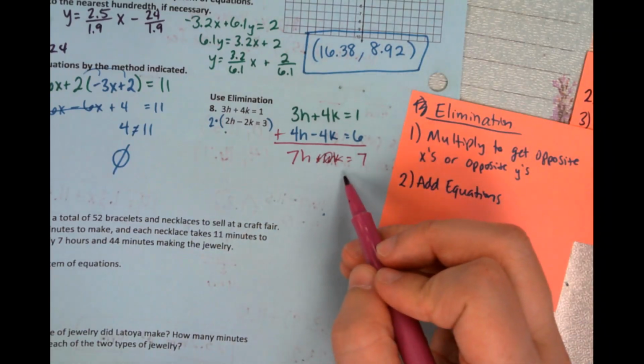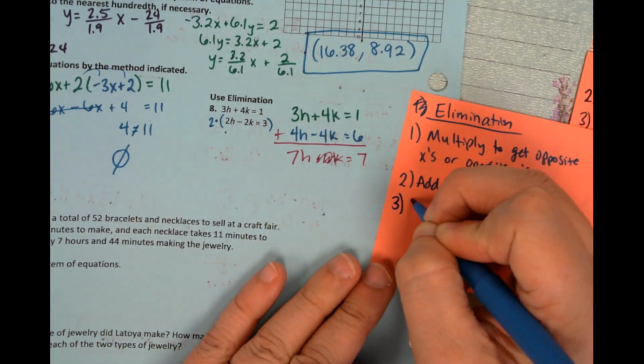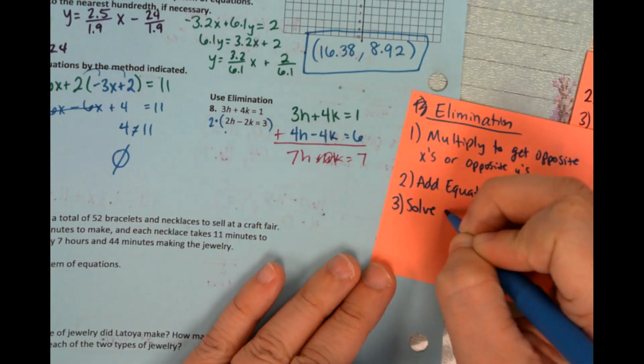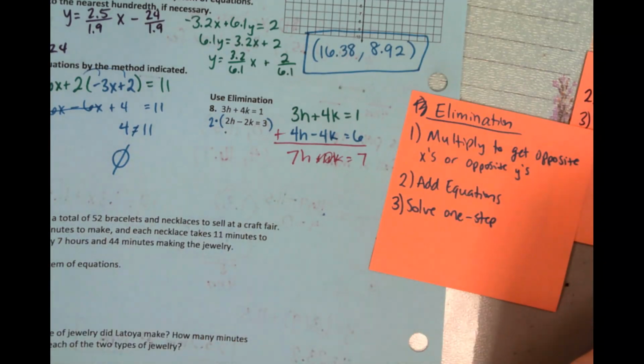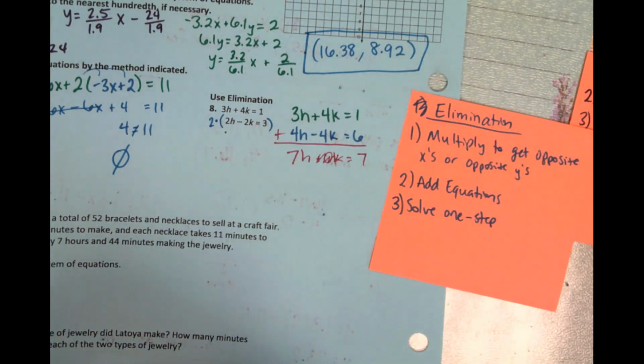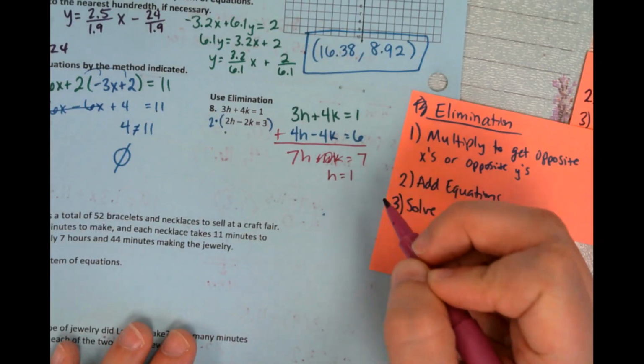So we just have 7h equals 7. So now we solve that one-step equation. It will always be a one-step equation. And it's pretty easy to solve. We divide by 7, h equals 1.